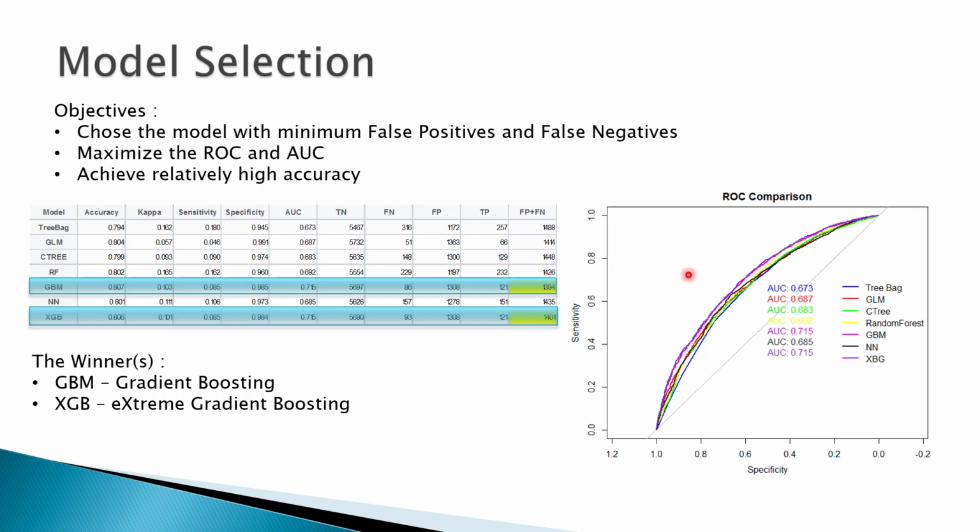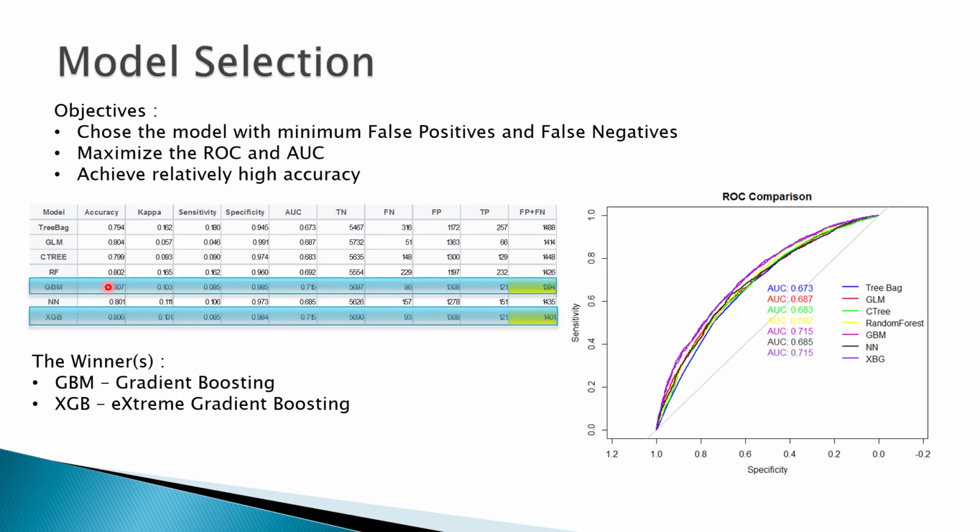So clearly we can see the total of false positives and false negatives for GBM and XGB are less than the others, and also the false positives and false negatives separately are lower in the GBM and XGB.